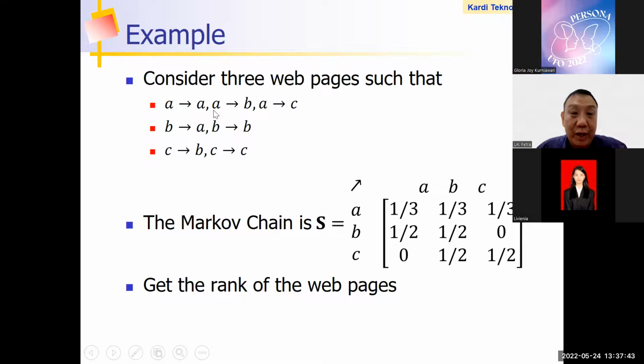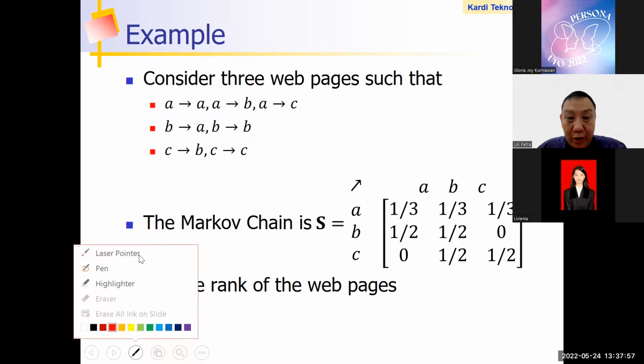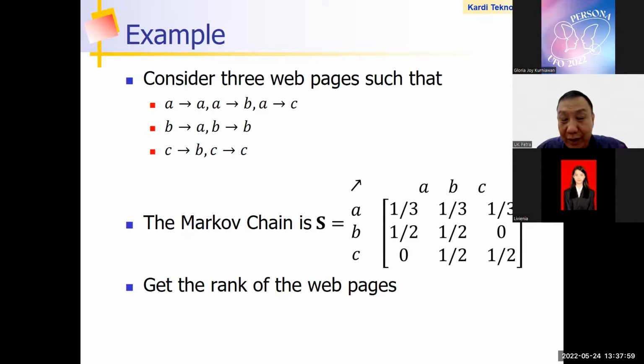From A will go to B, A can go to C, B will go to A, B go to B, C to B, and then C to C. So from there you can calculate the Markov chain, right? So the question is, can you get something like page rank? Can you get the rank of the web page? This is another example of application of Markov chain.